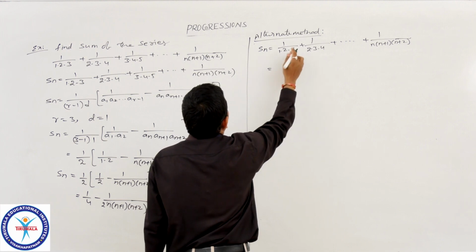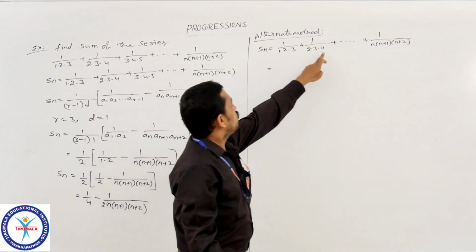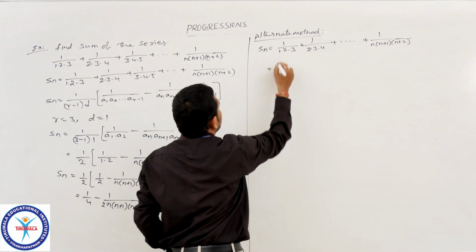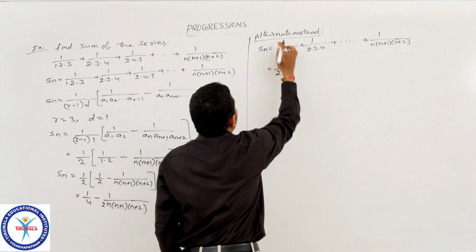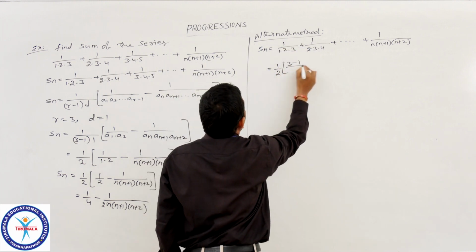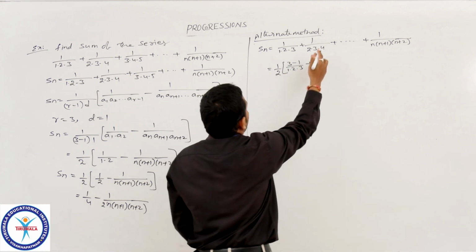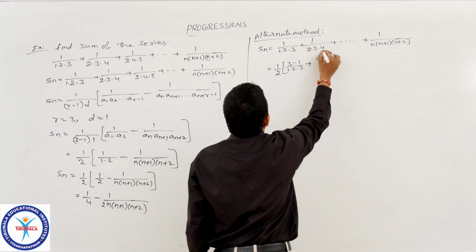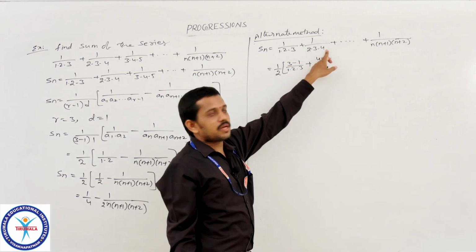Sn is equal to, 3 minus 1, what is 3 minus 1? 2. 4 minus 2, 2. So can we write this is equal to 1 by 2 into 3 minus 1 by 1 into 2 into 3 plus 4 minus 2, which means the difference between the first term and the last term.